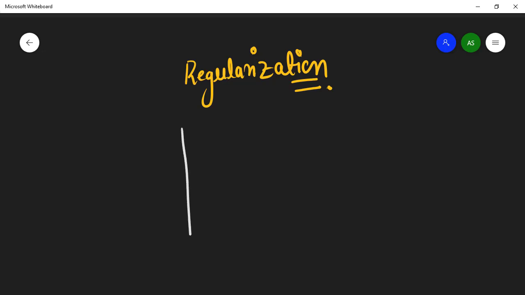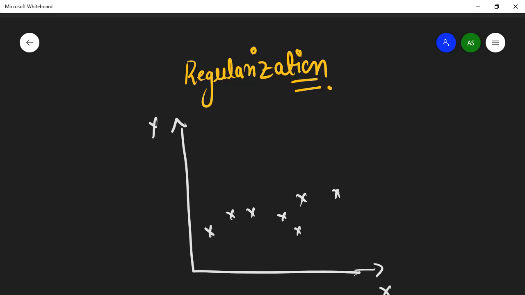So let's assume that you have an x and y plane, x here and y here. Okay, and here you have data points like this. And you fit a model, and your model learns a lot. Your model learns a lot means it is performing very well on the training set.